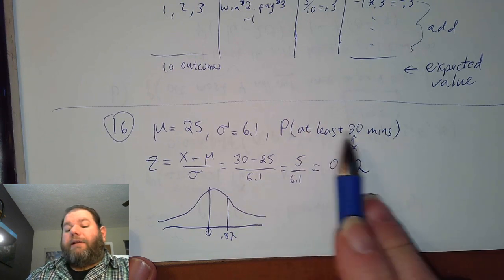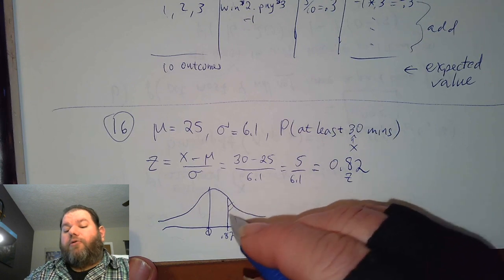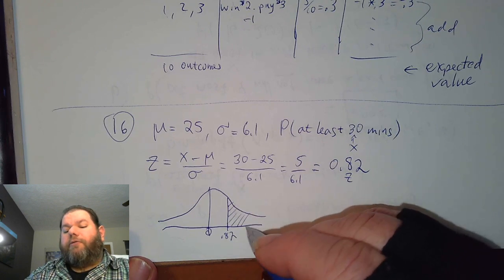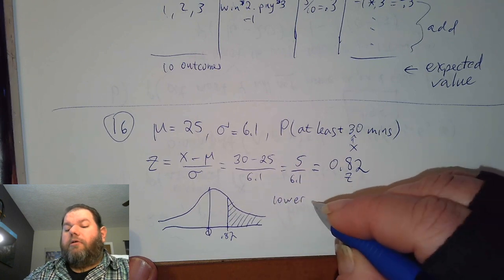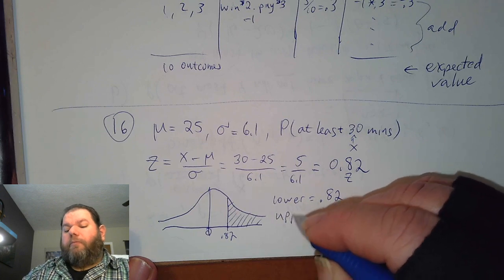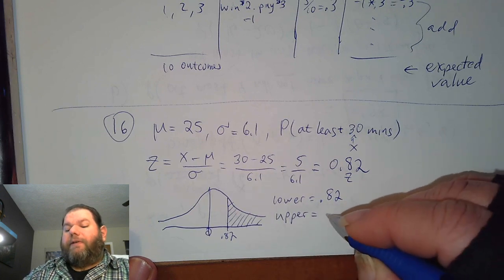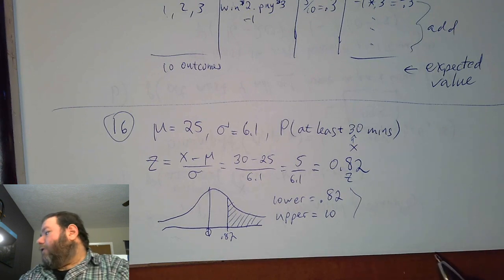And we said at least 30 minutes to commute, which means 30 minutes or more, so that is the area to the right. So our lower bound is 0.82. Our upper bound is 10, and we can go into the calculator and solve it from there.